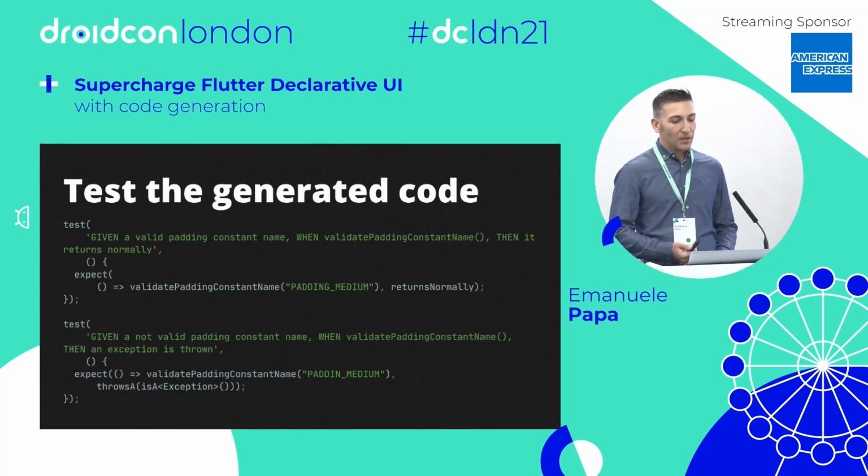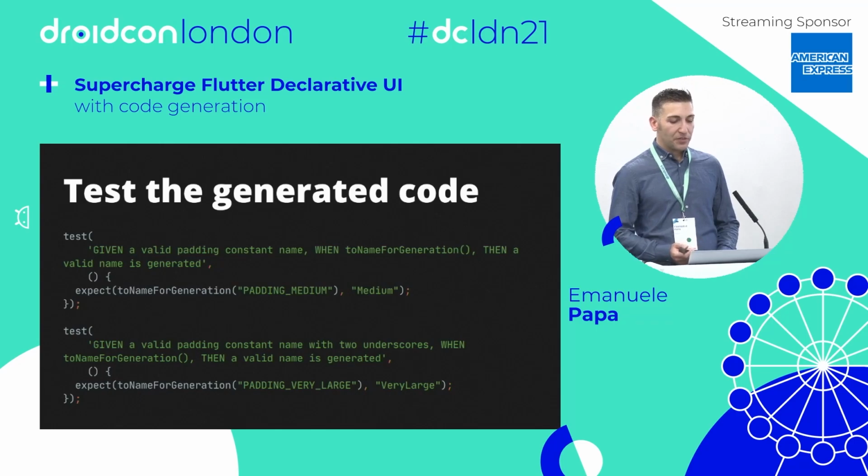When our generator throws an exception, the code generation stops and shows the user an error. So the user can go check what he did wrong, understand and fix the code, and then he can run the generation again.